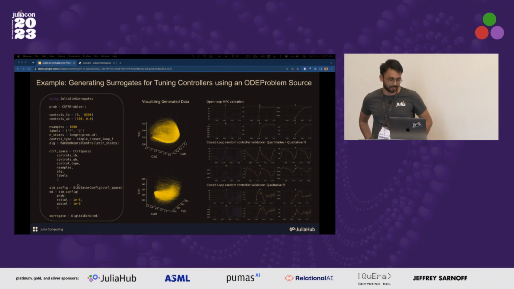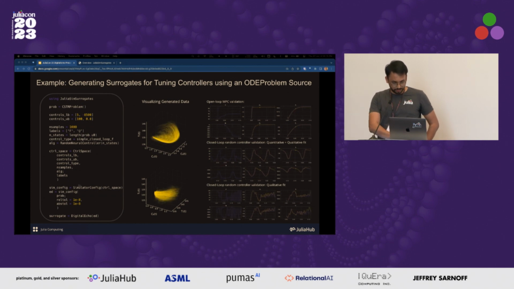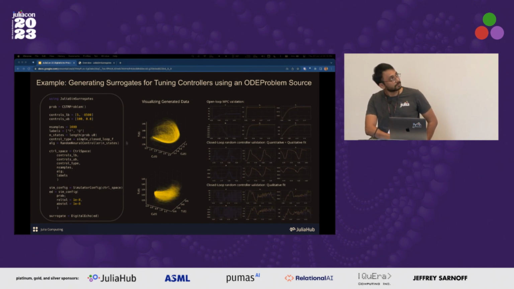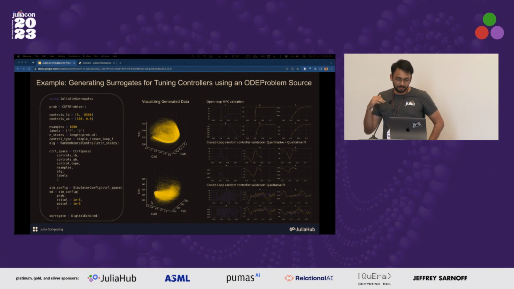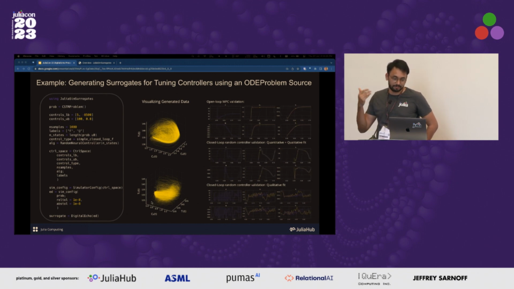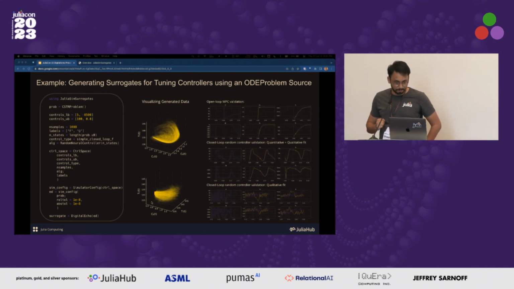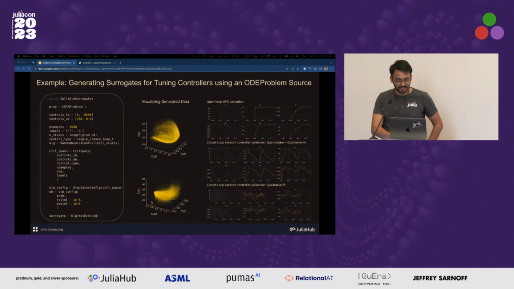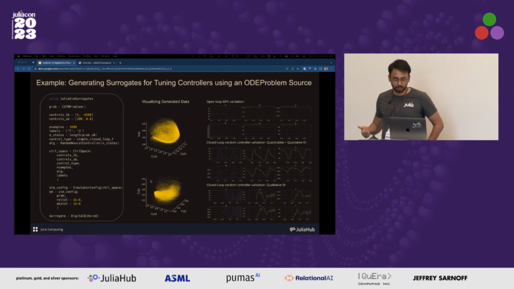And once the data generation is complete, we have all sorts of visualization tools to help you see how the data looks. Is it covering the spaces you really want it to cover, right? You can have phase space plots, you can have trace plots, and we have an entire visualization suite dedicated for that, right? Apart from that, in this example, we also show how you can validate this in both open loop and closed loop settings.